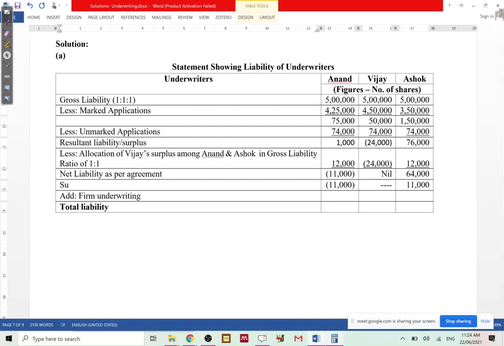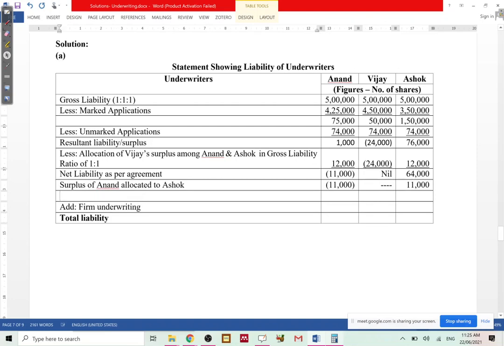So surplus of Anand allocated to Ashok. Correct? What we did is only one person had a surplus and only one person was remaining with a liability. So take the entire surplus and give it to the next person.